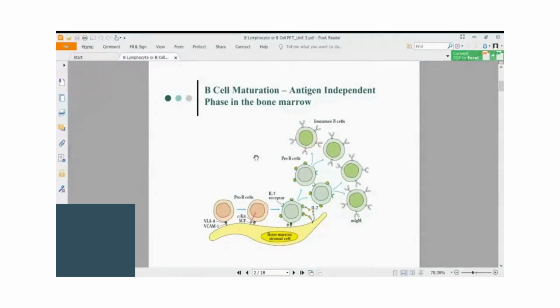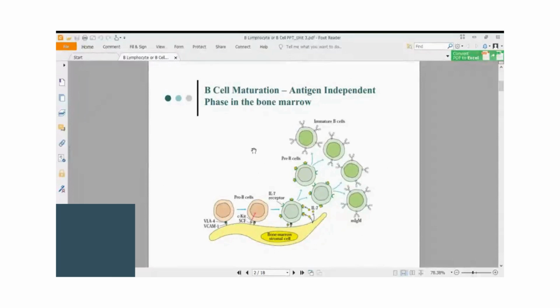And the B lymphocyte that is supposed to mature in the bone marrow will have a receptor on its surface called the CD45 receptor. That makes the lineage of the B cell remain in bone marrow. When we talk about T cell lineage, we'll talk about that separately in future lectures.